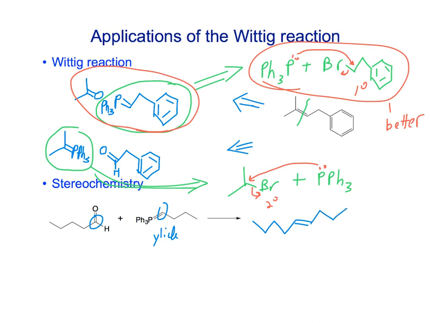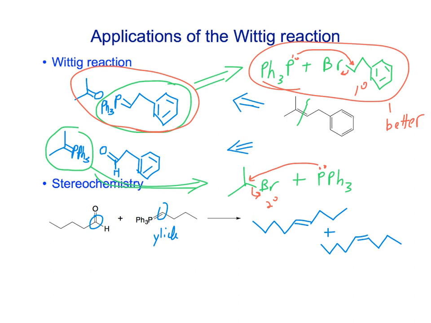So this would be one possibility. The other possibility would be like this. Okay, we could form either the trans or the cis or the Z or the E, whichever way, isomers. Okay? We might get a mixture of those two.